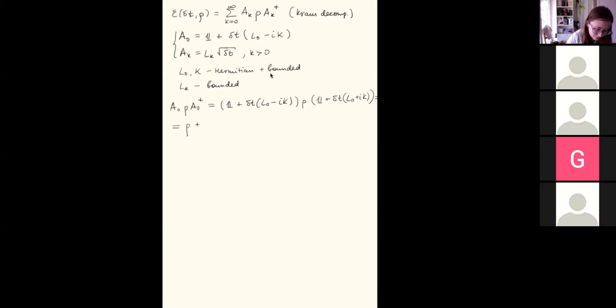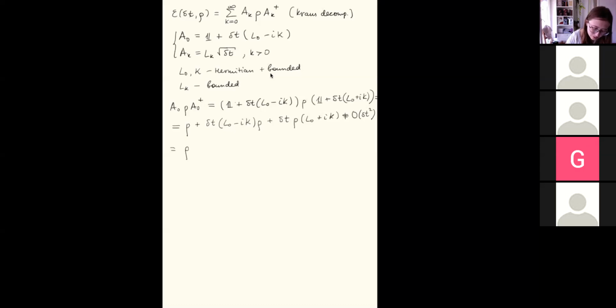So here we get rho plus delta T L0 rho minus I K rho plus delta T L0 rho plus I K rho. Sorry, I messed up the order. It will be rho L0 plus I K, and this we also write plus O of delta T squared.